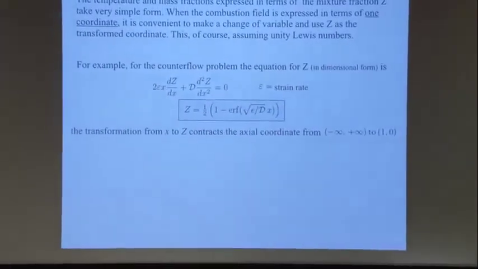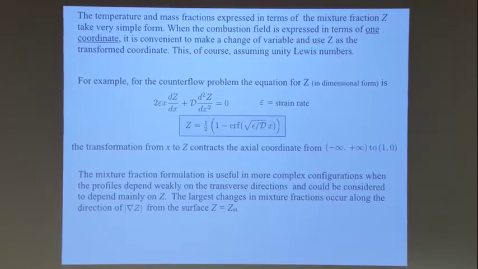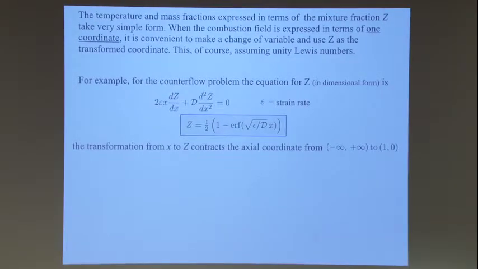And since now the solutions in the Z coordinate are linear, when you replace Z with this error function, you obtain the solution that I derived for you earlier, the error function solution, okay? So maybe with a transformation, it gets simpler to solve some problems.